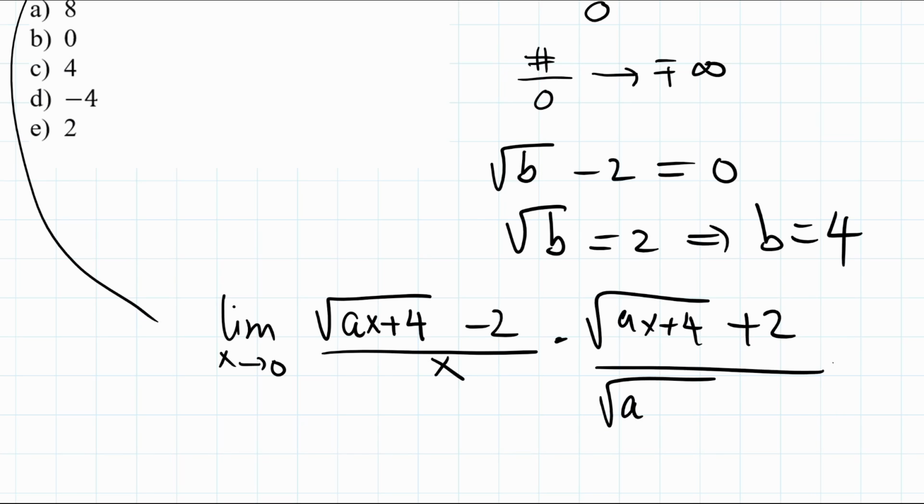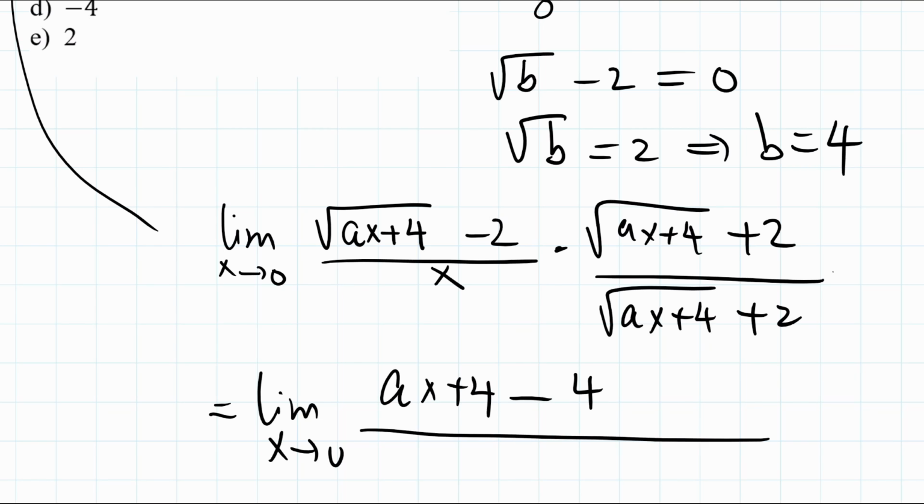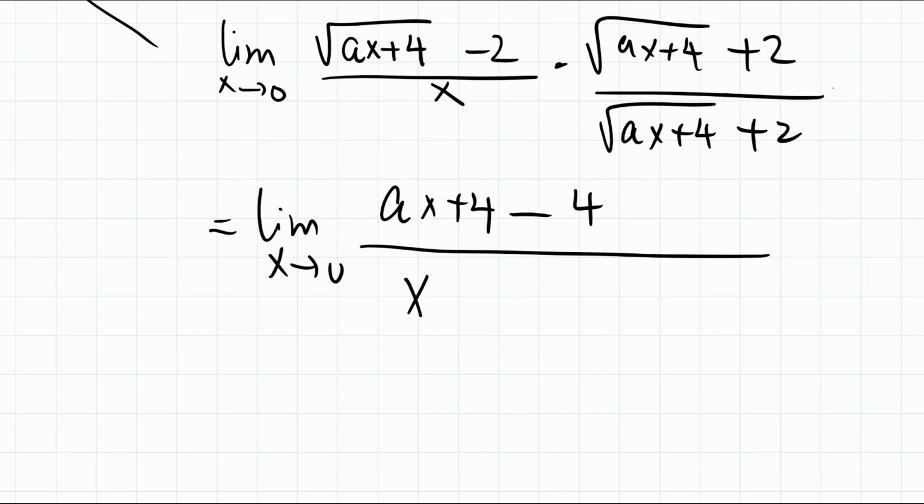Now the numerator should be the square of the first, which is ax plus 4, minus the square of the second, which is 4, divided by x times (the square root of ax plus 4 plus 2).